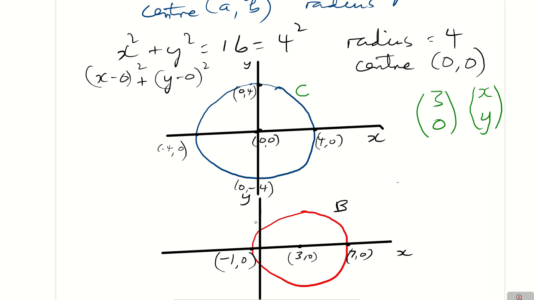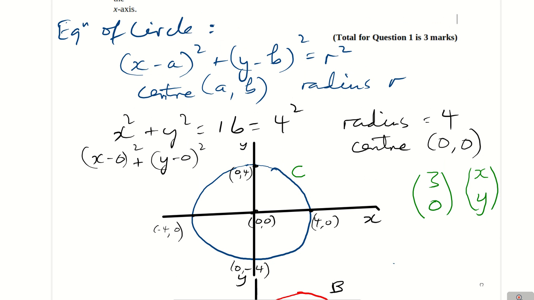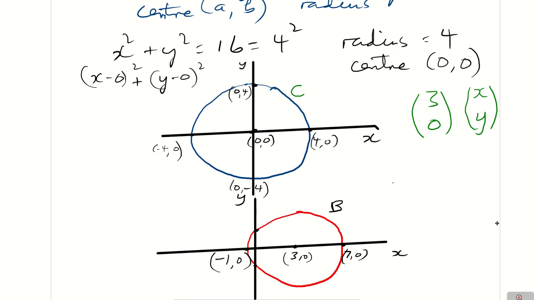The question doesn't ask us for this, but if we wanted to, we could find the points where it crosses the y-axis, because we actually know what the equation of this circle will be. Remember, in general, the equation of a circle is x minus a all squared plus y minus b all squared, where the centre is the point A, B. Well, the centre of our circle here is the point 3, 0.